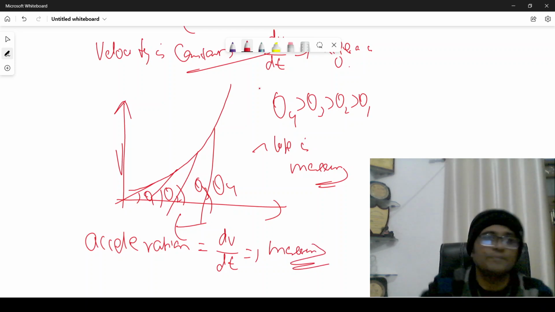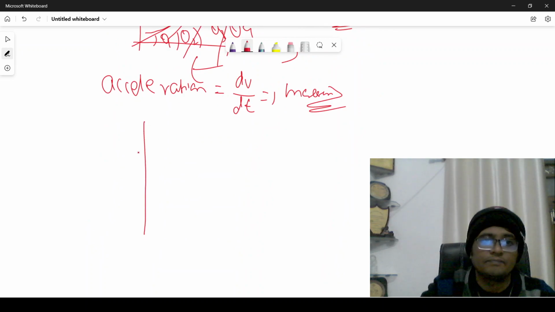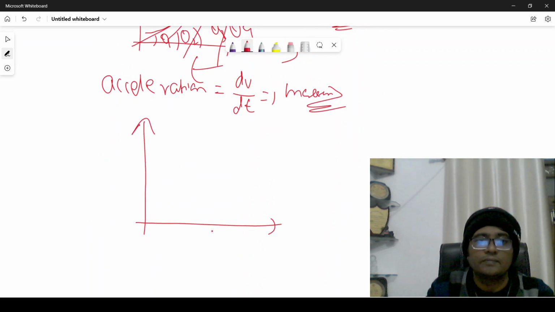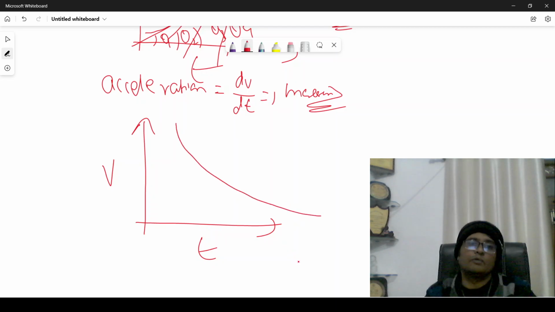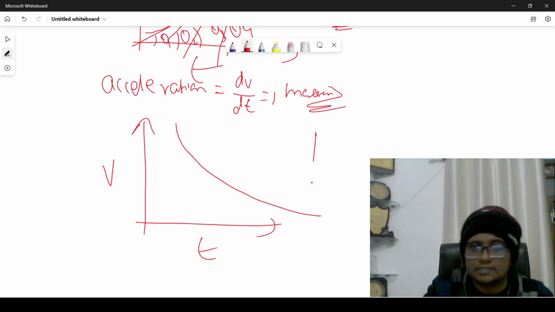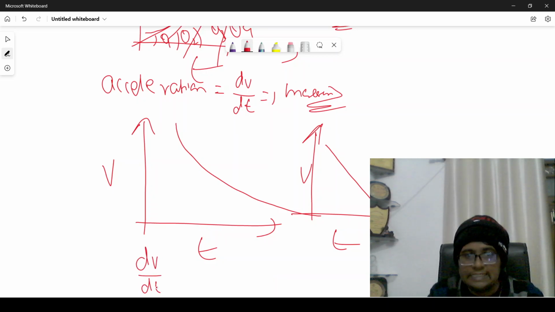Fine. If you draw the graph like this, this is v, this is t, and it is going like this. What does it represent? Here also dv by dt is negative, and here also dv by dt is negative.